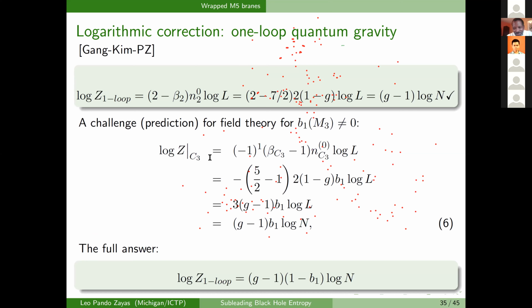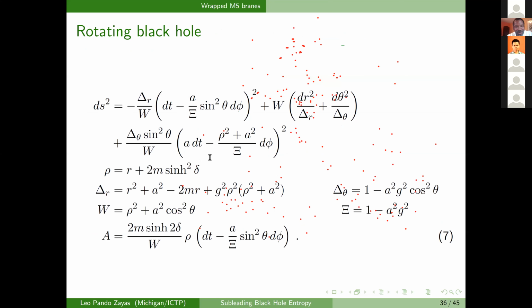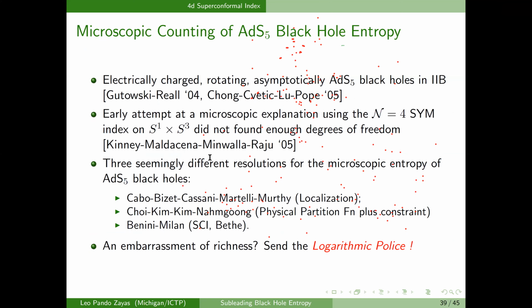All right, so now I want to talk about some new recent developments about microscopic counting of AdS5 black hole entropy. Electrically charged, rotating, asymptotically AdS5 black holes in type IIB were discovered by Gutowski and Reall in 2004. Chong, Cvetic, Lu, and Pope presented the more general situation, including non-extremal black holes.